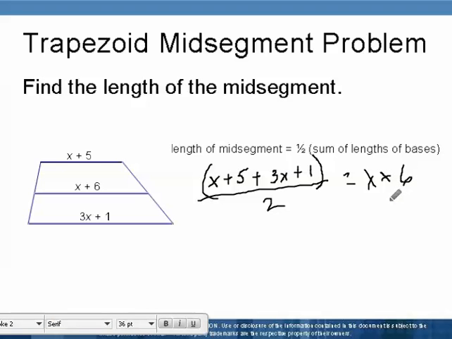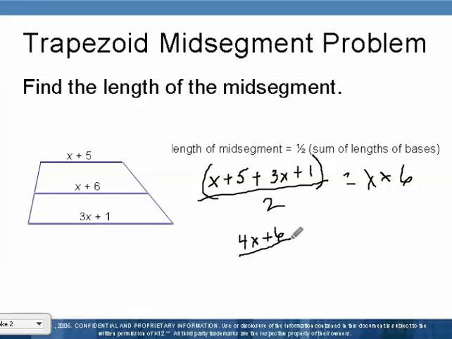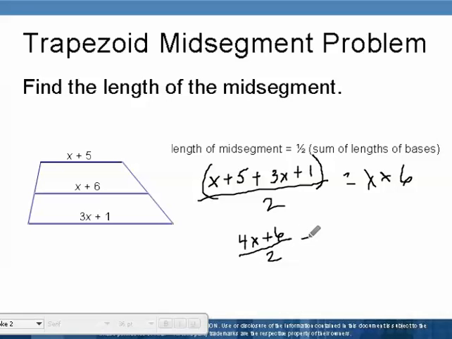Now, I remember algebra. We've got some things inside the parentheses here. We can combine those together, and I'm going to get 4x plus 6, and that whole thing divided by 2 is equal to x plus 6.